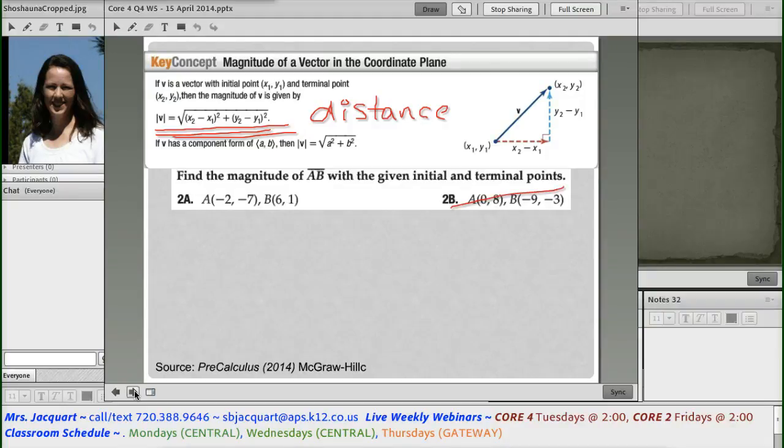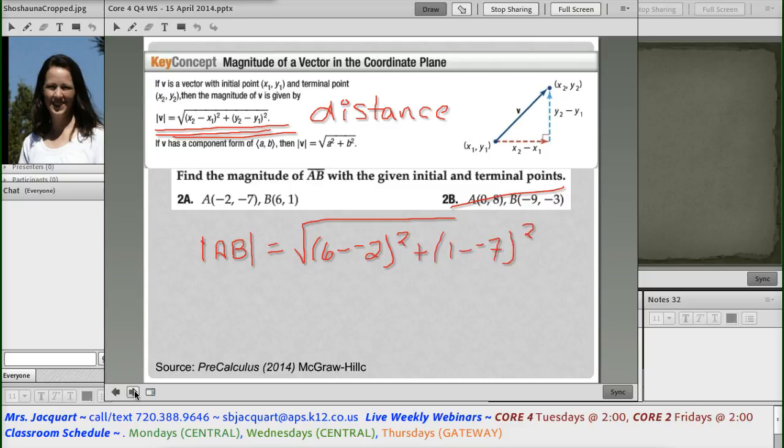So we're going to do the magnitude of AB equals the square root, parentheses, negative 2 minus 6 squared. Oh, let's do it the way they have it, so you guys don't ask me where I get my numbers from. 6 minus a negative 2 squared plus 1 minus a negative 7 squared.